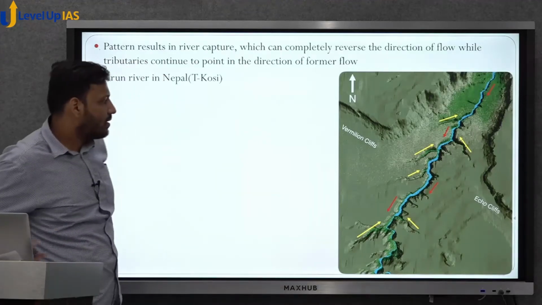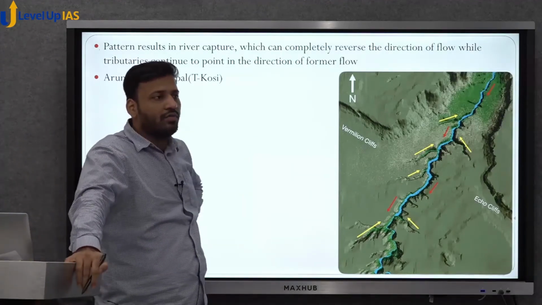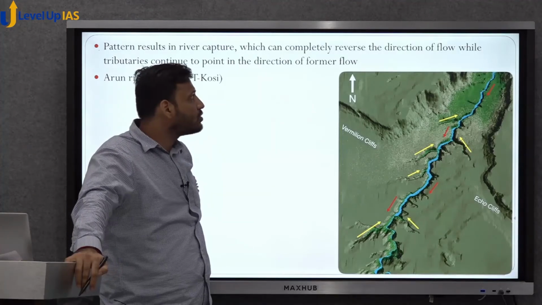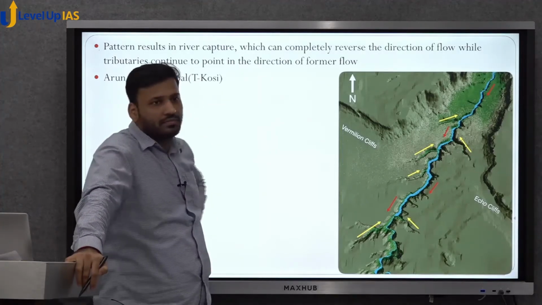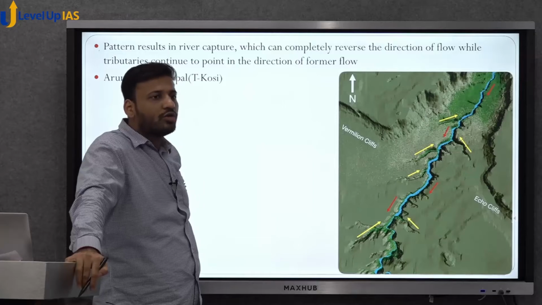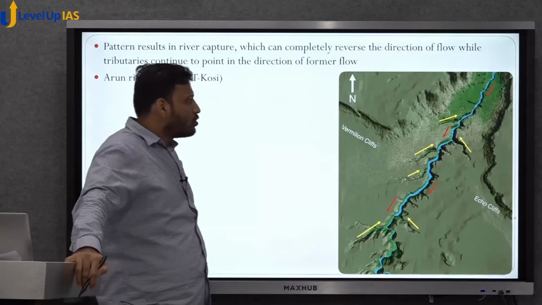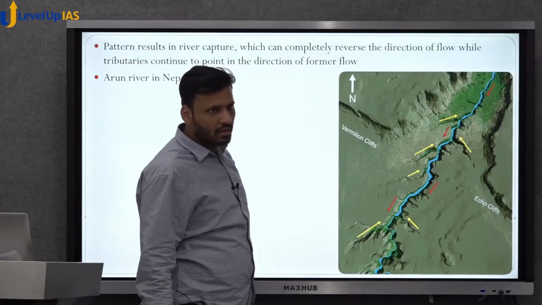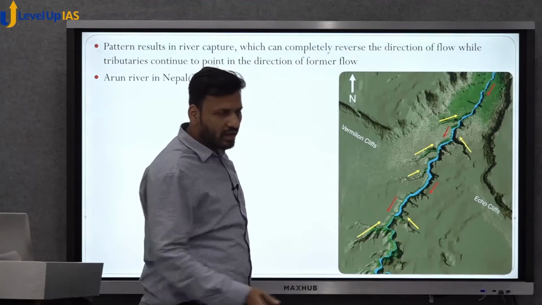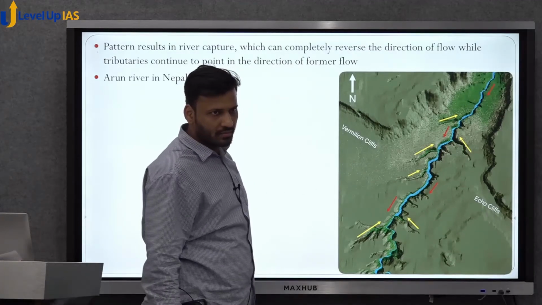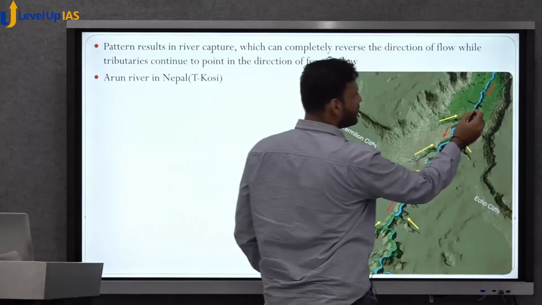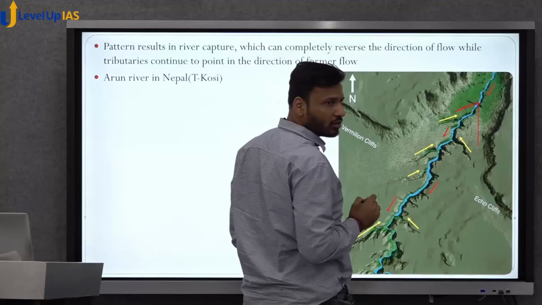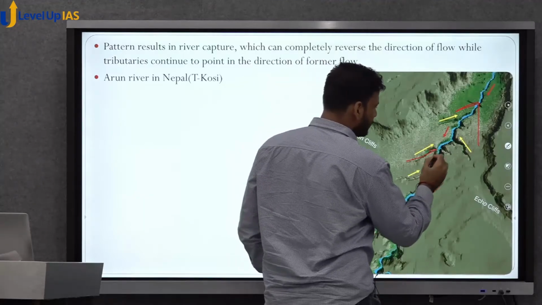So this is the satellite imagery of the Arun River. It is showing the barbed type of drainage pattern. So how do you know that the river has been captured? The way tributaries meet shows in which direction the river is flowing. So for example, the river is flowing in this direction. All the tributaries, you can see these yellow arrows, they are showing in which direction the river is flowing.